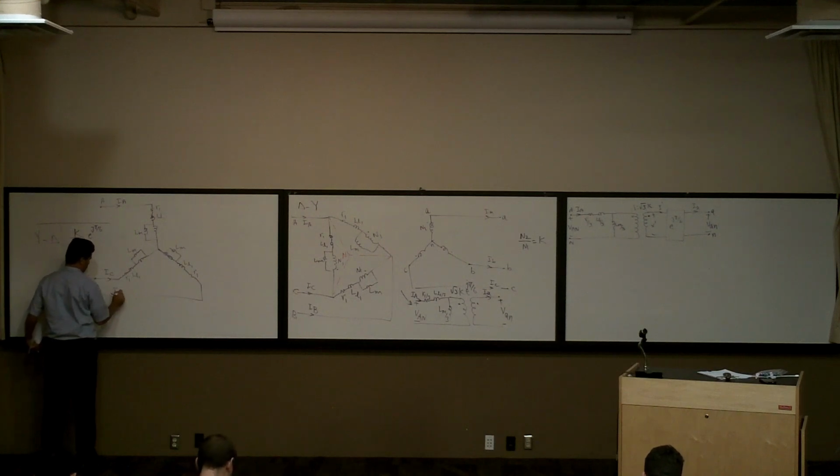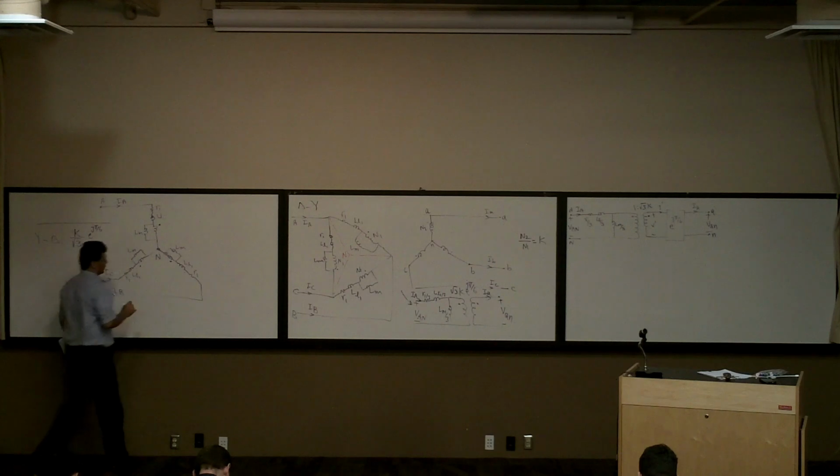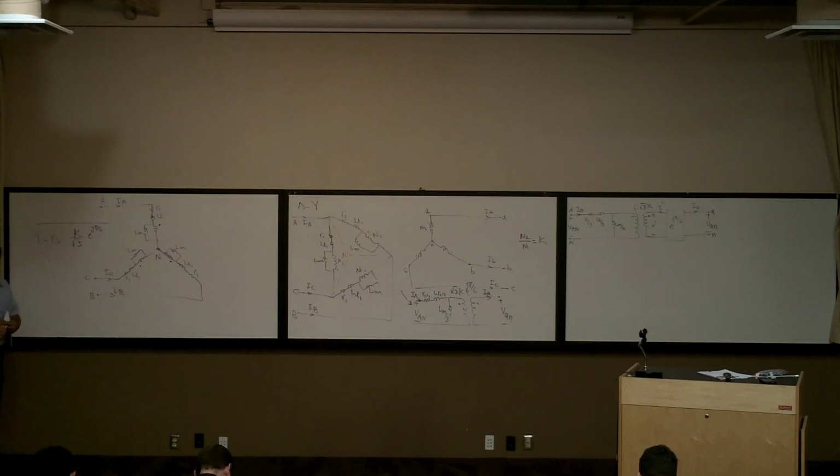ID, and this is the N, right? And let's put a dot here, and dot. This is the primary, right? And the secondary is the delta.